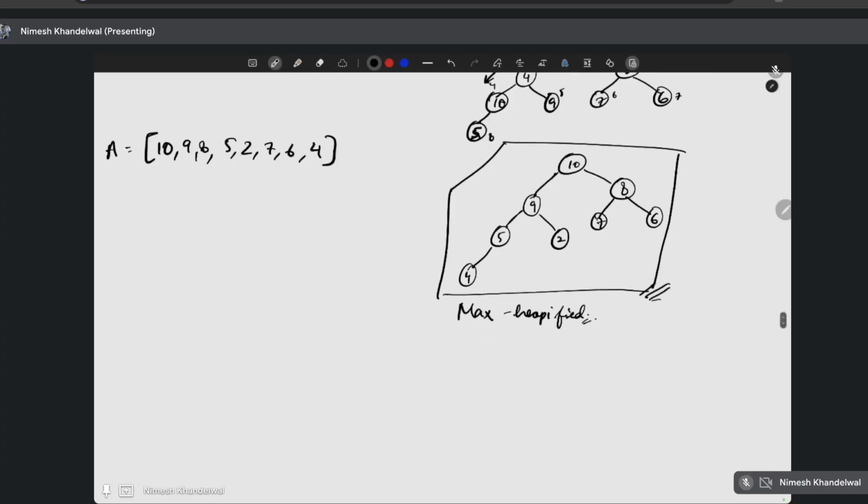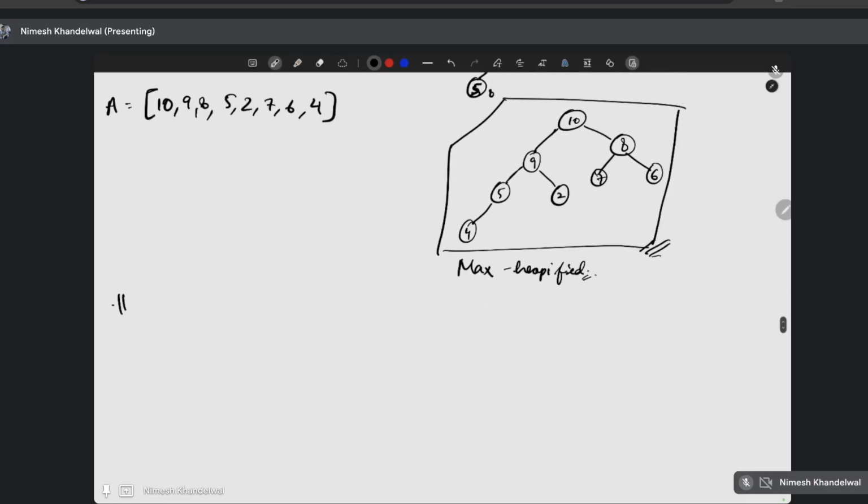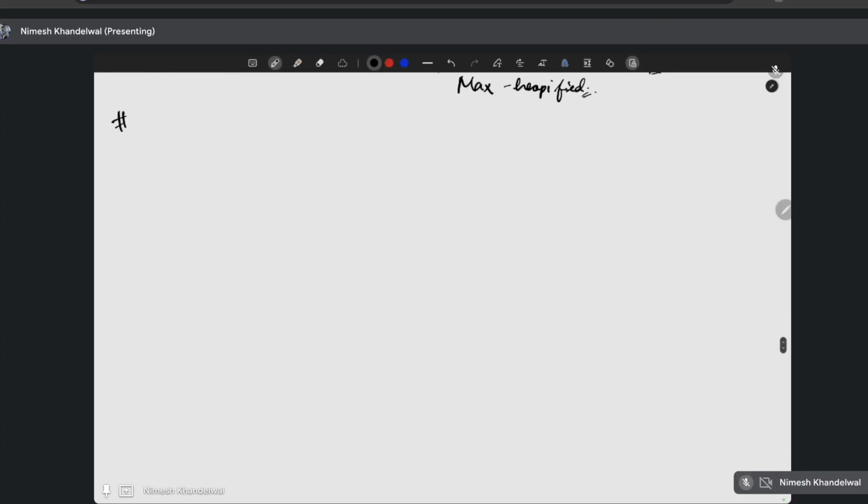Okay, and how do we leverage this in heap sort? We basically keep switching the element at the top, because we know the max heapified tree will always have the largest element at the top.